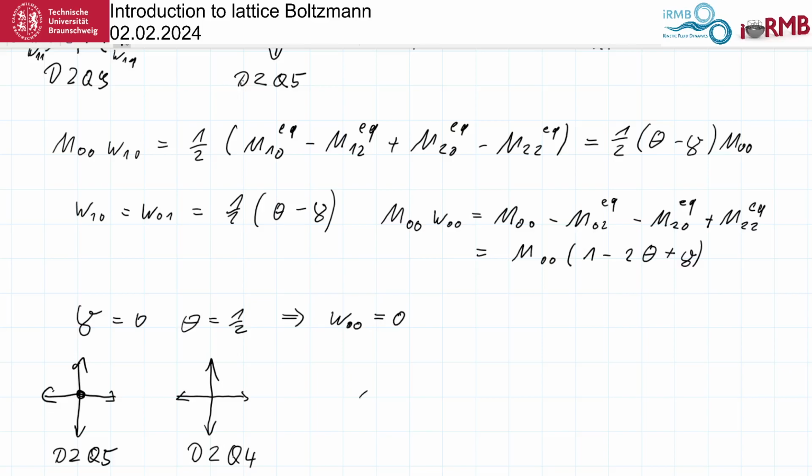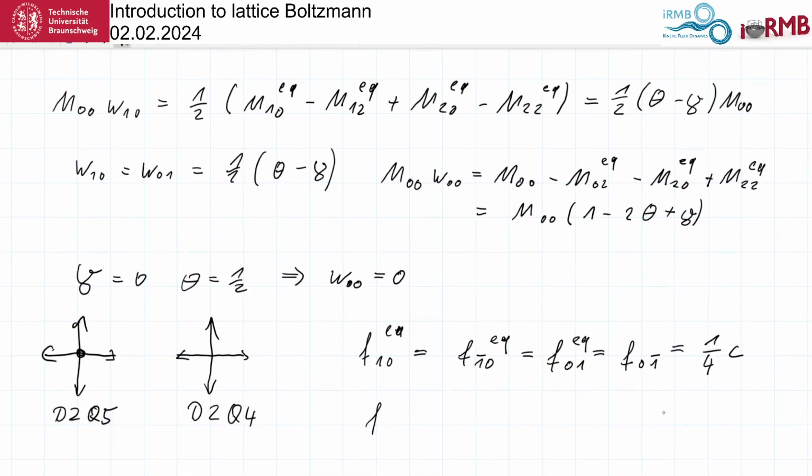This would mean that theta needs to be 1/2, and we'll end up with the equilibrium for these being all the same. They're just 1/4 C.